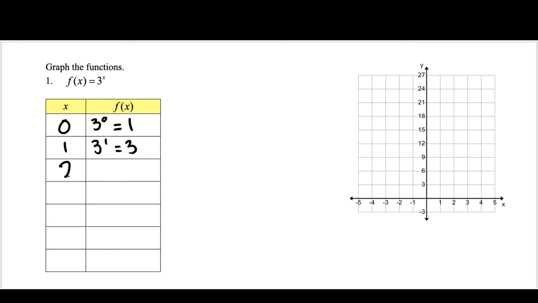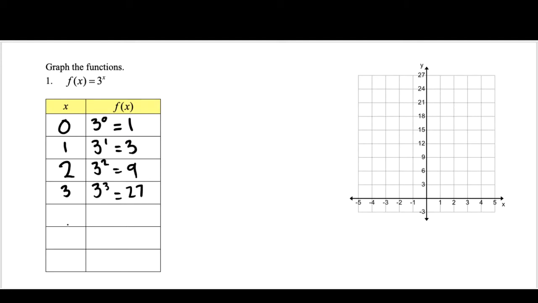If I do 2, I get 3 squared, which is equal to 9. And let's try 3. That gives me 3 cubed, which equals 27.